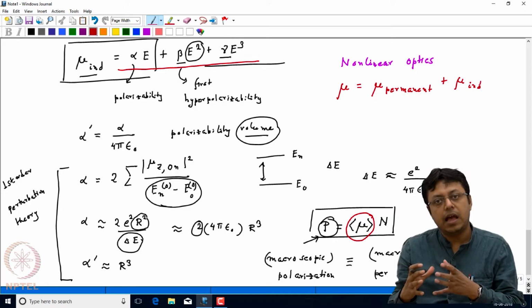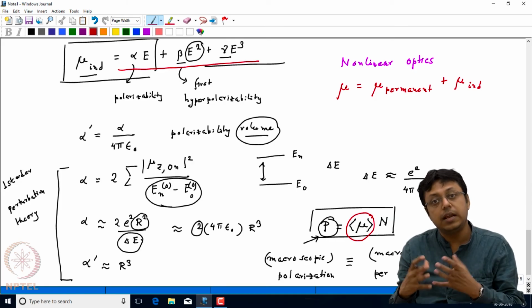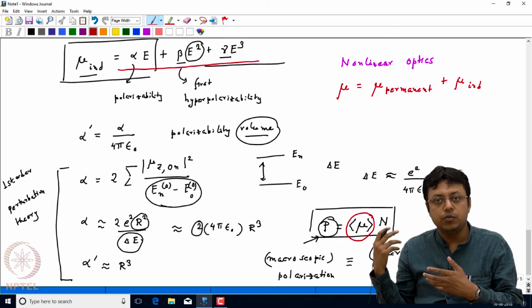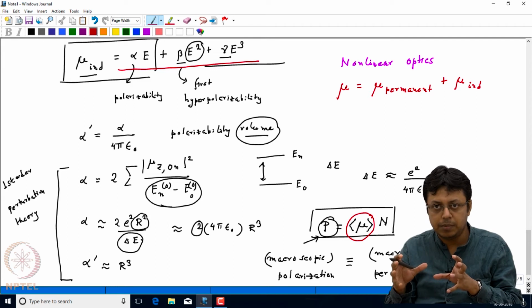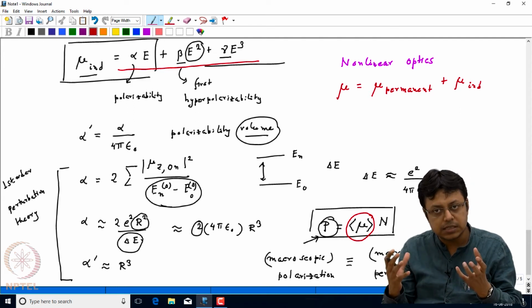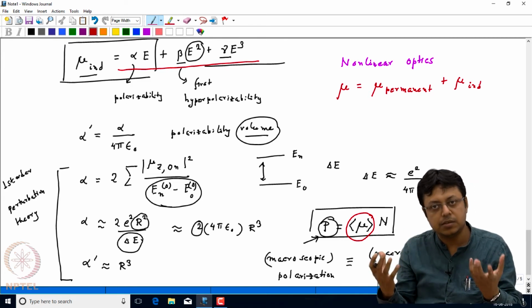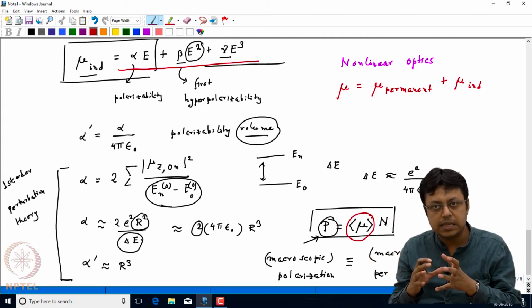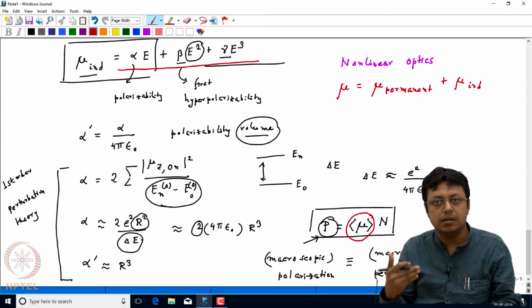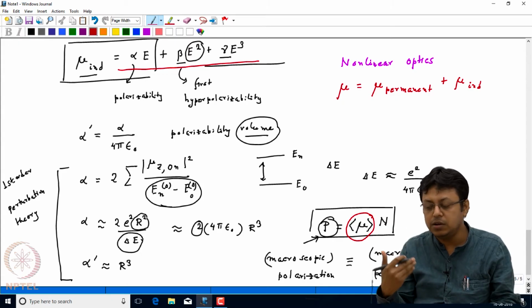If I have water molecules, they already have permanent dipole moments, and if I do not apply any electric field, each molecule will possess only the permanent dipole moment. But in a macroscopic system, all these dipole moments in the absence of any external field will be randomly oriented. So, we will have a net zero dipole moment or net zero polarization in the system.